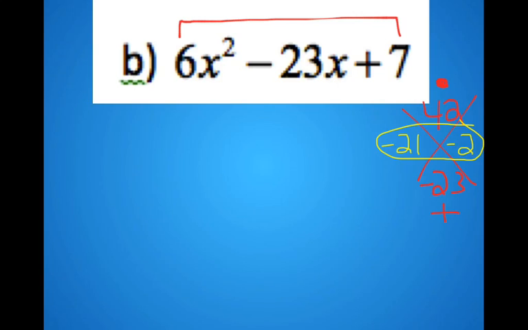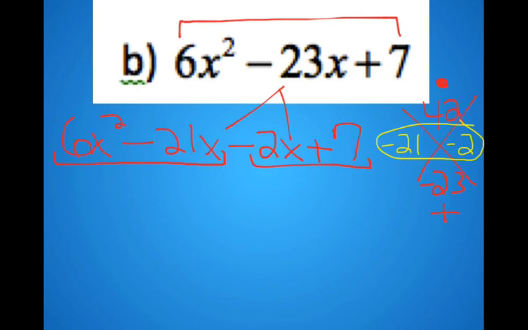So then we're going to rewrite the middle term using those 2 numbers. So 6x squared minus 21x minus 2x, and then plus 7. So we've created a polynomial with 4 terms, so now we can do grouping.